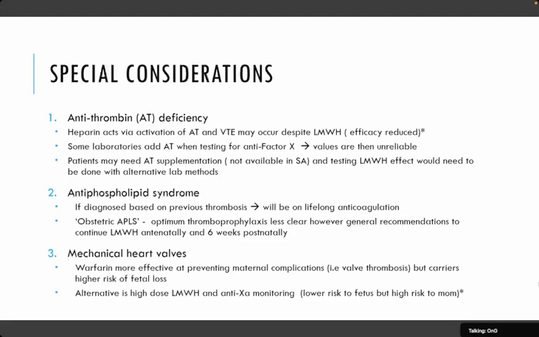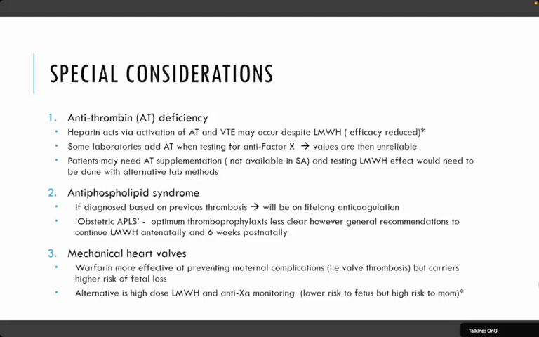Just to mention a few special populations to consider. In patients with antithrombin deficiency, as we earlier mentioned, it's important to remember that heparin acts via activation of antithrombin, and thromboembolism may still occur despite patients being on adequate thromboprophylaxis with low molecular weight heparins because of their reduced efficacy.